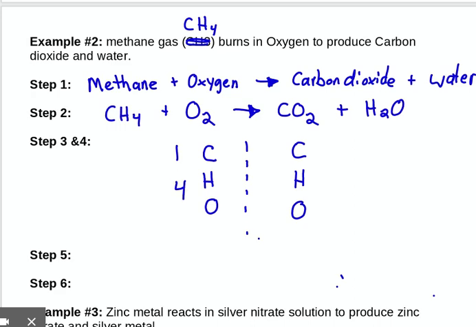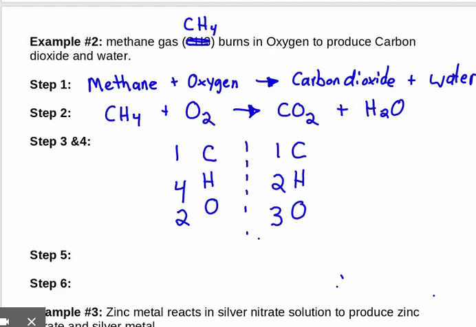I have 4 hydrogens because the 4 down here beside the hydrogen means that there's 4 hydrogen atoms in that compound, and I have 2 oxygens. On my product side, it looks like I have 1 carbon, I have 2 hydrogens, and I have 3 oxygens.